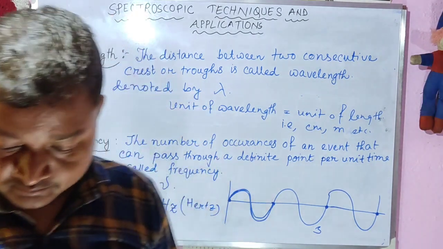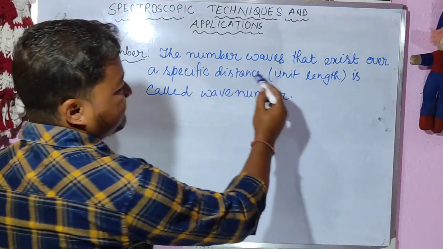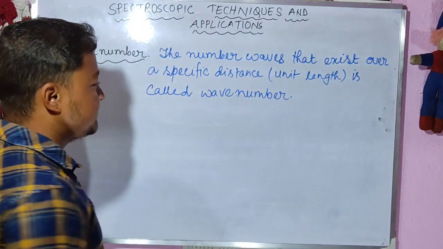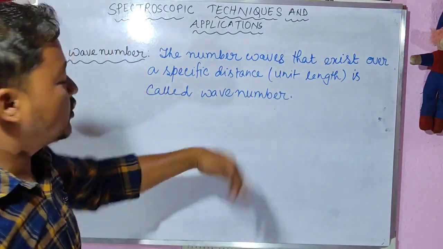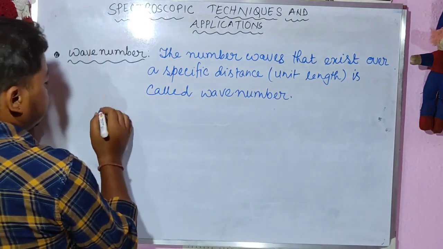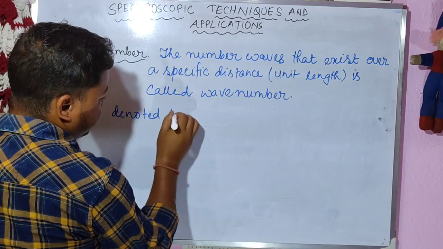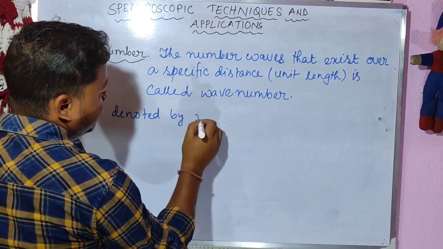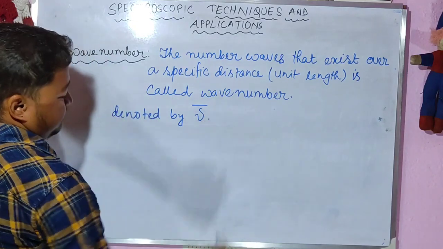Okay. So next is wave number. The number of waves that exist over a specific distance, that is unit length, is called wave number. Okay, and wave number is denoted by nu bar. This is nu bar.